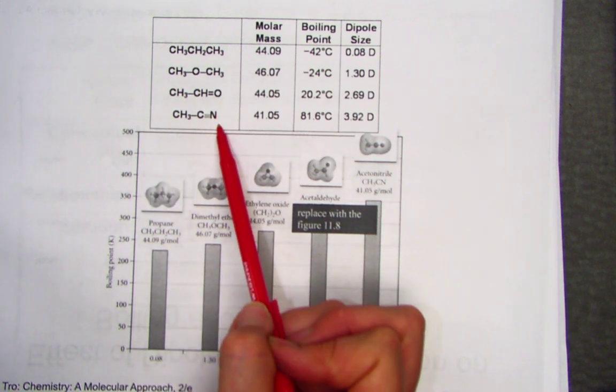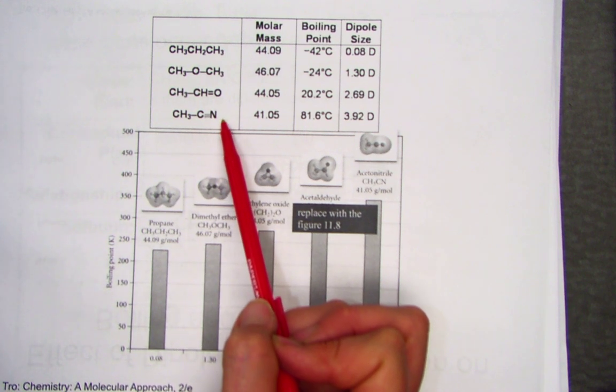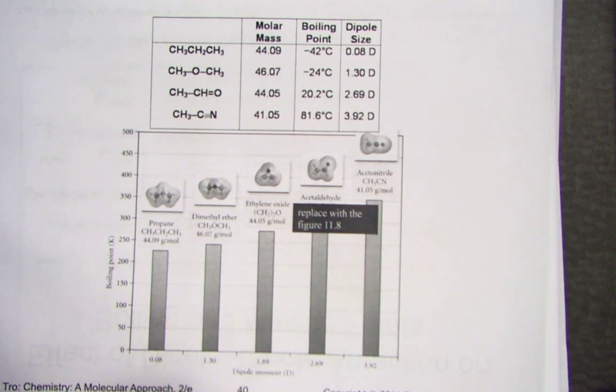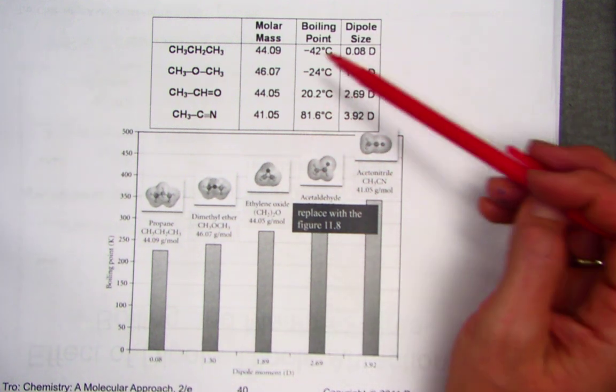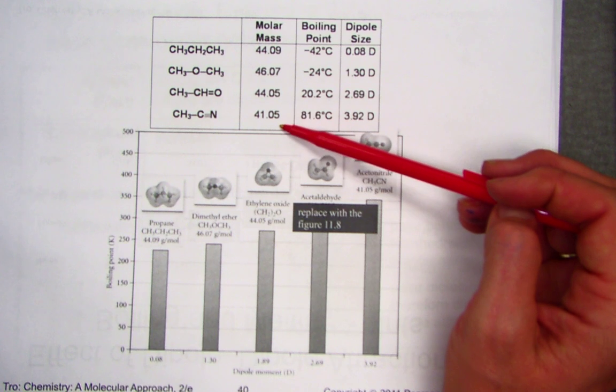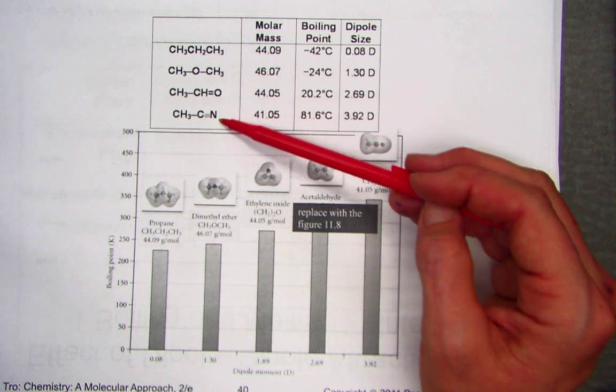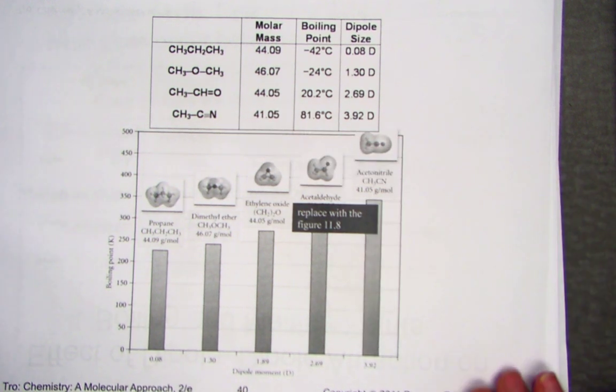Oxygen versus nitrogen is what I'm seeing as the difference here. The electronegativity difference is going to create a higher boiling point. We can clearly see the more polar the molecule, the more electronegative the molecule is, the higher the boiling point due to the dipole-dipole interactions.